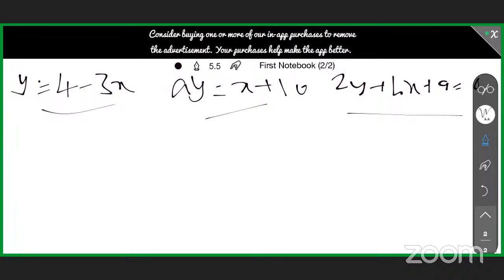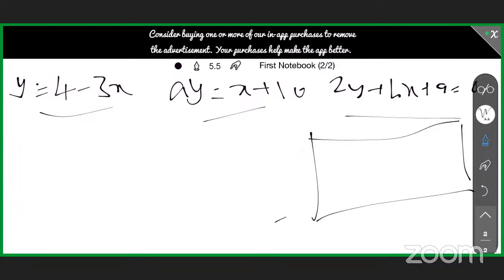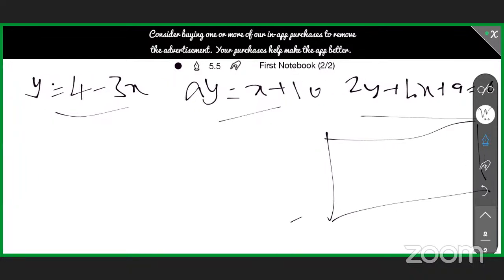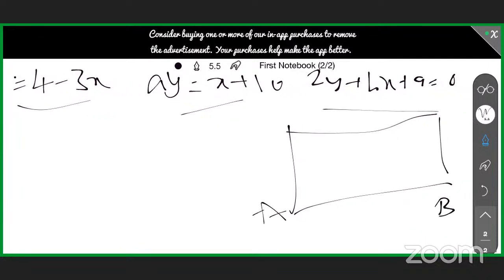Many questions from this chapter are asked in Mains and other exams. So let us draw a rectangle. Let these be AB, BC, CD.